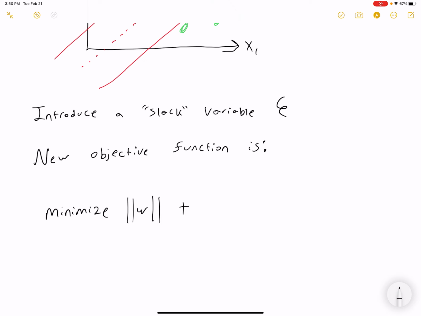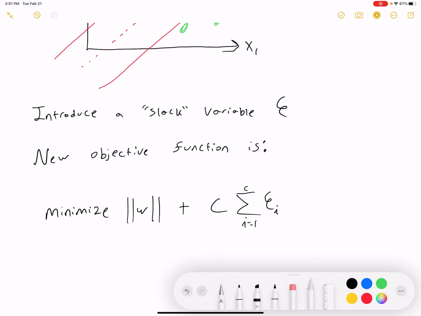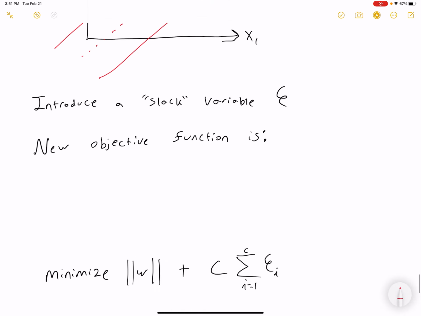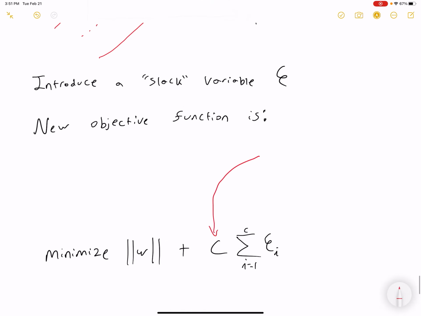But we add a term, which hopefully concepts start to connect in a second, times the sum of all of our errors, basically our slack variables, and where the C constant is, can anyone tell me what this is going to be?